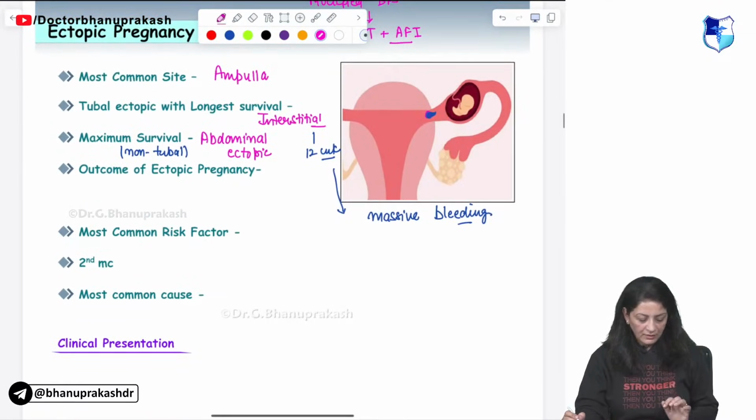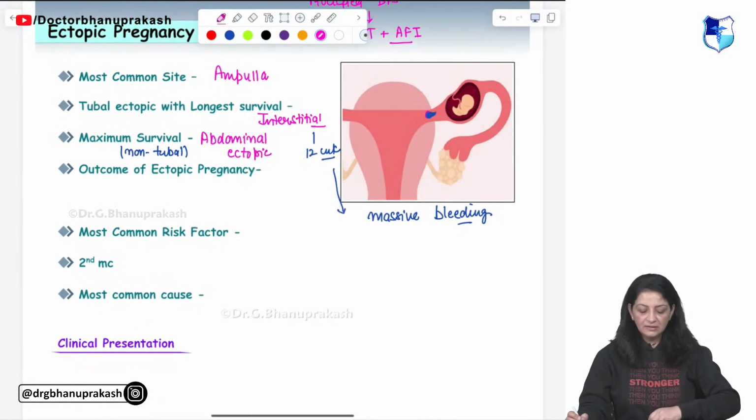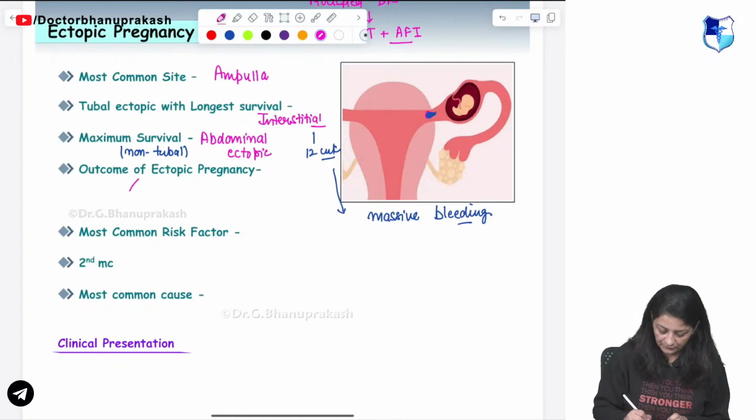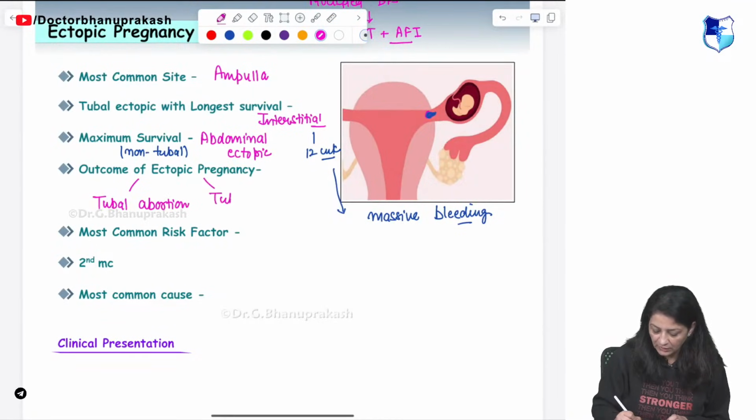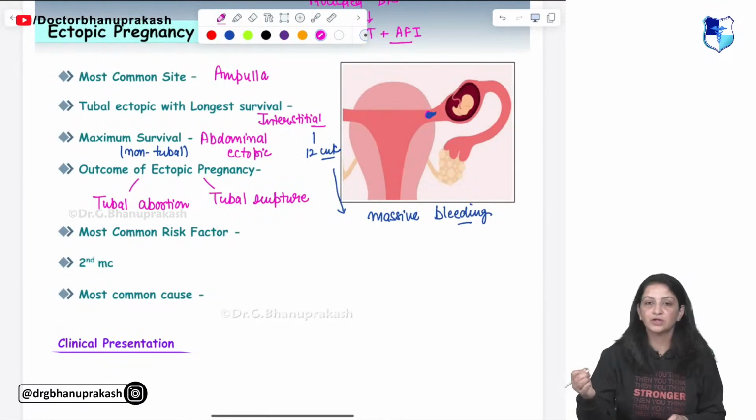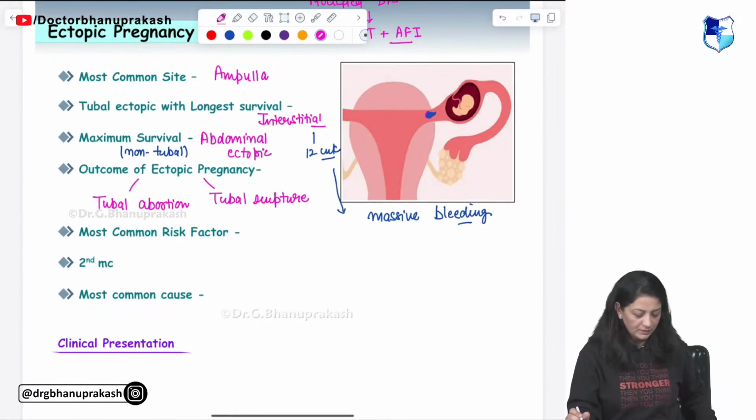So what is the outcome of ectopic pregnancy? Tubal abortion and tubal rupture.